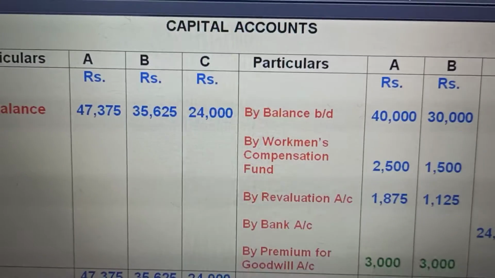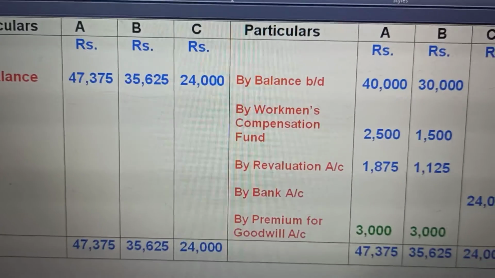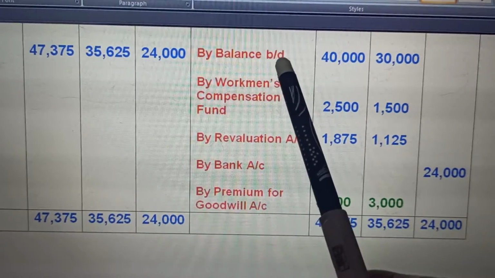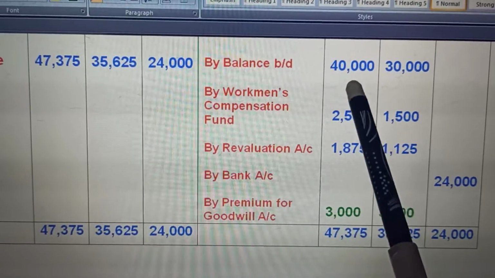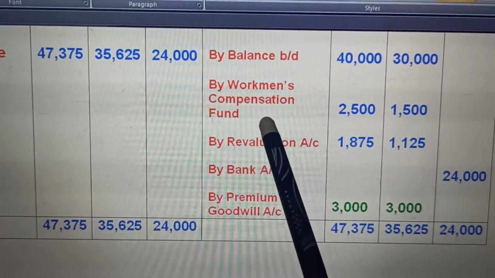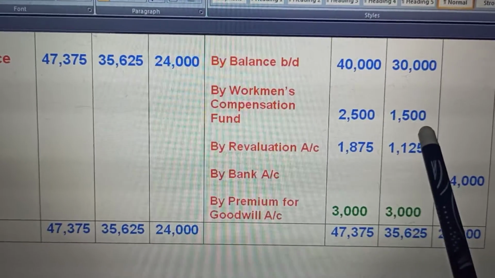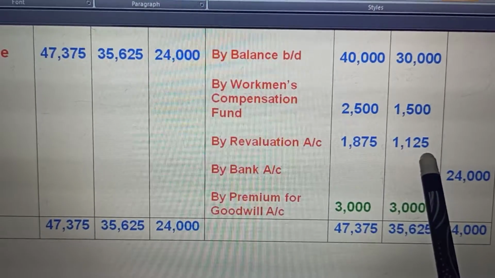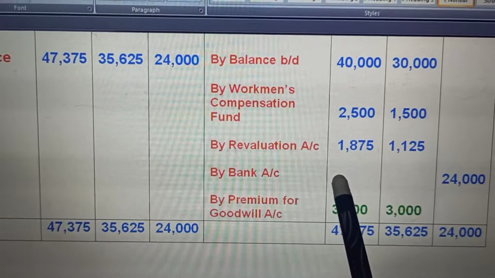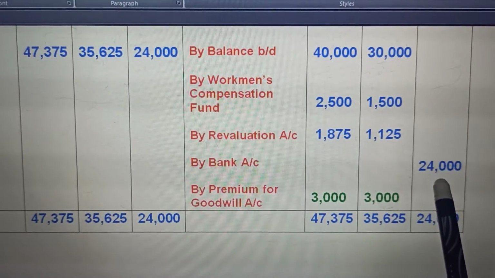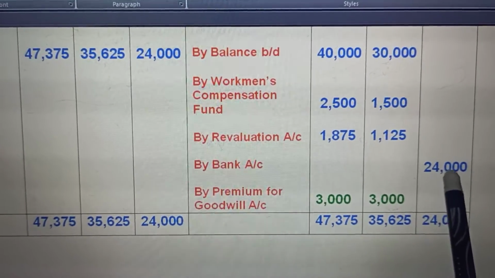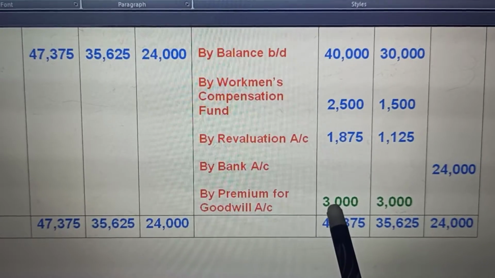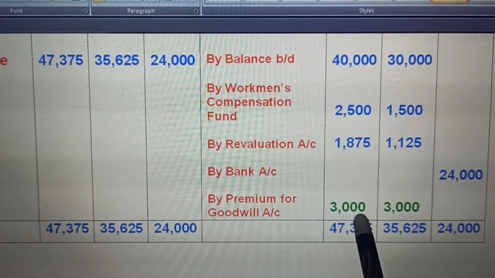So after this, now we prepare the capital accounts. We begin capital accounts always with the balance brought down, A, B, workmen compensation fund, the funds distributed in the old ratio, revaluation account, revaluation profit this side in the old ratio, bank, this is the cash that is brought in by the new partner, premium for goodwill, this is premium for goodwill in sacrifice ratio, this is at 6,000.